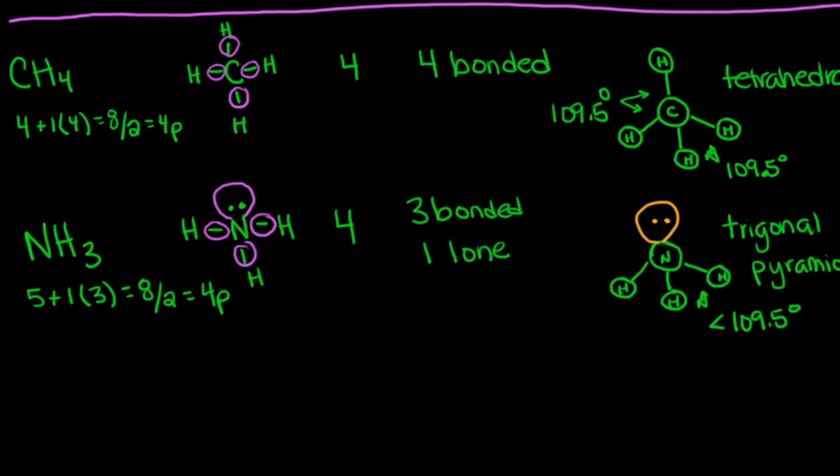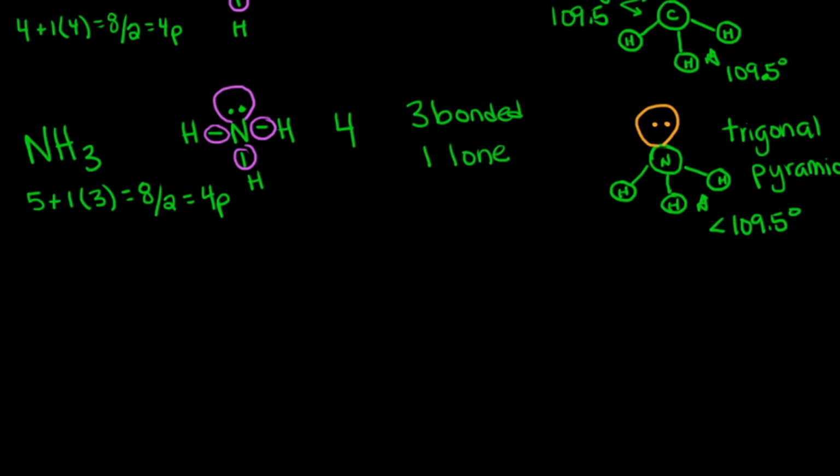Here we go. All right, our last example is water. H2O. 1 times 2 plus 6 is 8, which means I've got 4 pairs to work with.